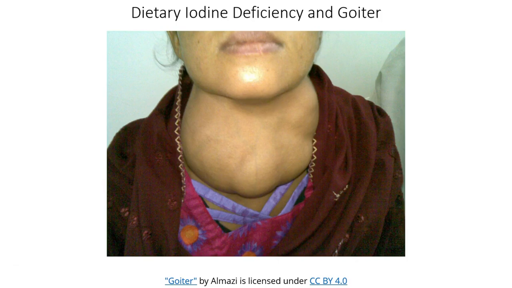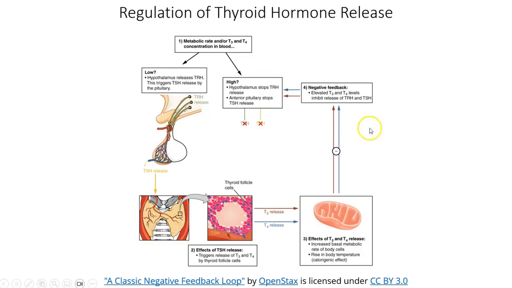Hypothyroidism is a low metabolic rate, so we're not digesting food and breaking it down as efficiently as possible. That's going to lead to a lot of weight gain. The extremities, so fingers, hands, toes, feet, stuff like that, are going to be really cold because, again, that increased basal metabolic rate is going to increase body temperature.